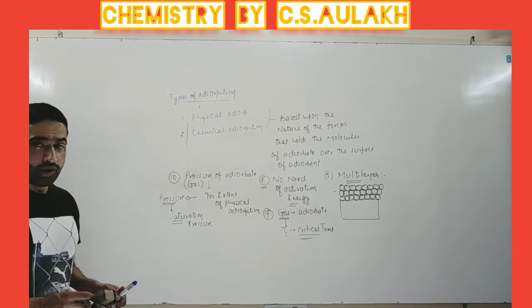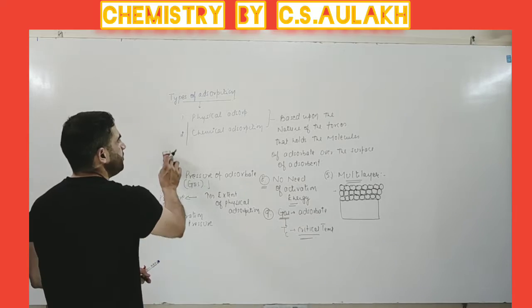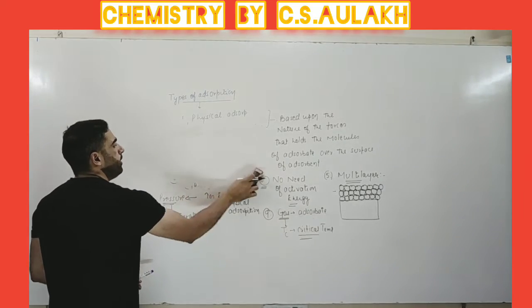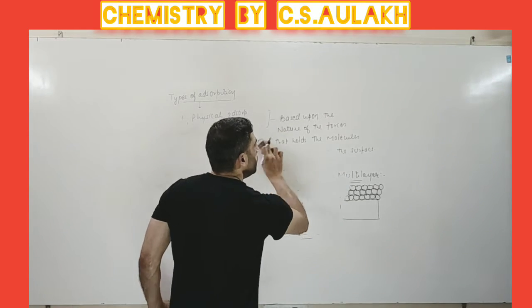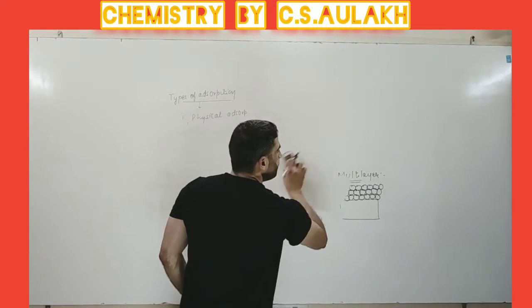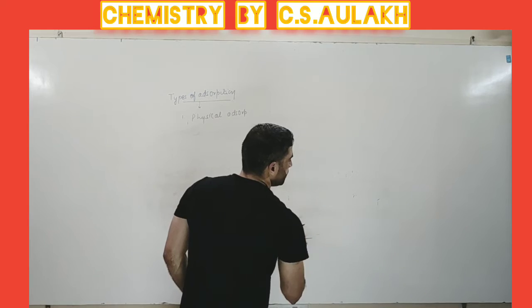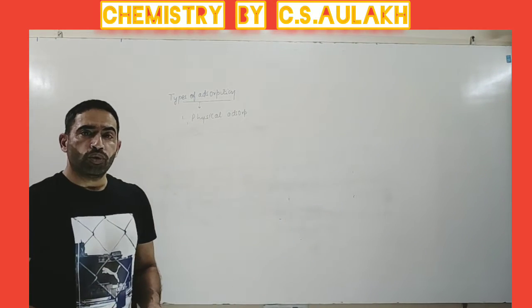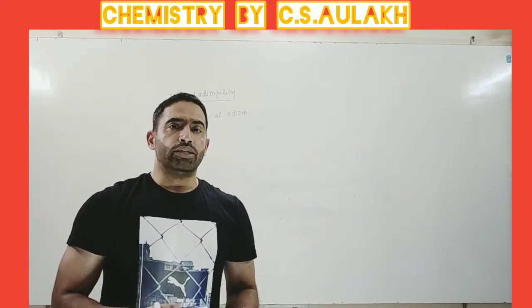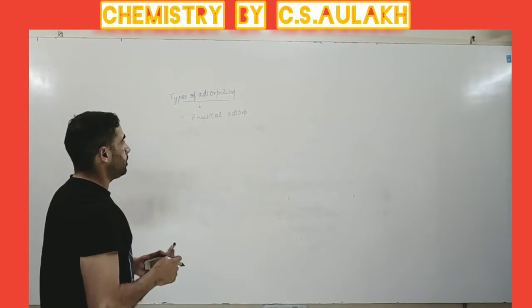So with this, we have completed the first type of classification. This is the physical adsorption, and now we are starting with the second one. This is the chemical adsorption. As you know, we are talking about the types of adsorption on the basis of the nature of the forces which are holding the molecules of adsorbate over the surface of adsorbent.